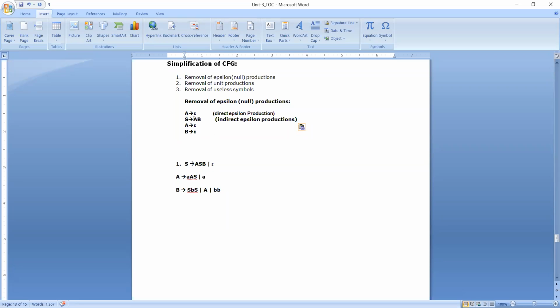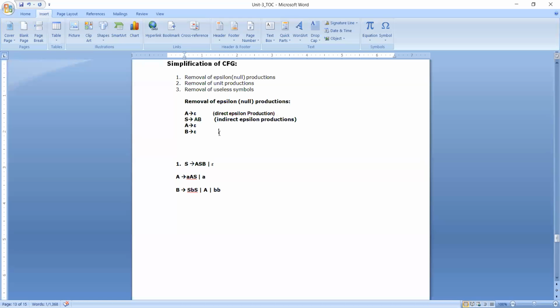Understand? As A is an epsilon production and B is also a variable giving an epsilon production, when you replace these two variables with their epsilon productions, what remains on the right hand side of S is nothing but epsilon. From this we can say S is also involved in epsilon production, but not in direct epsilon production; it is involved in indirect epsilon production.